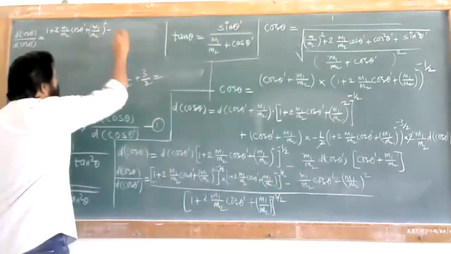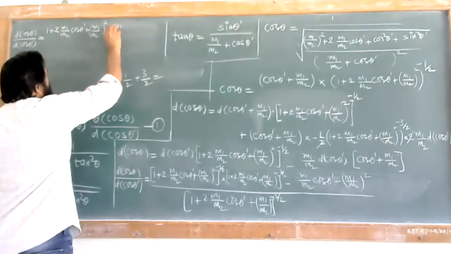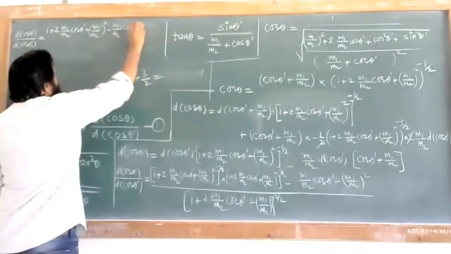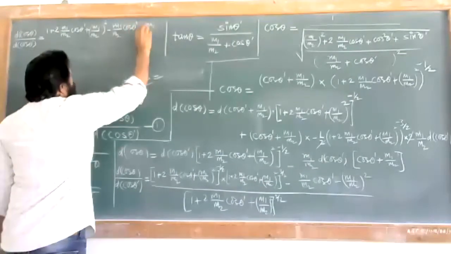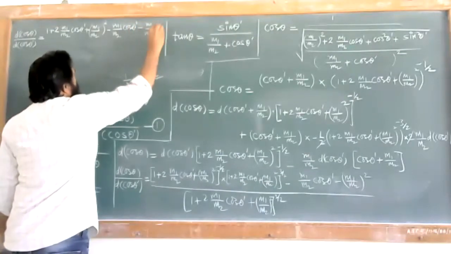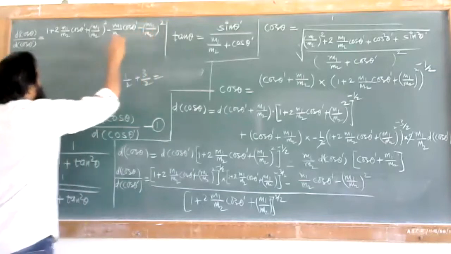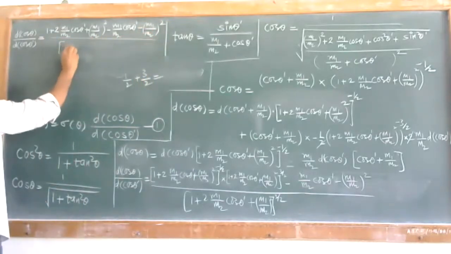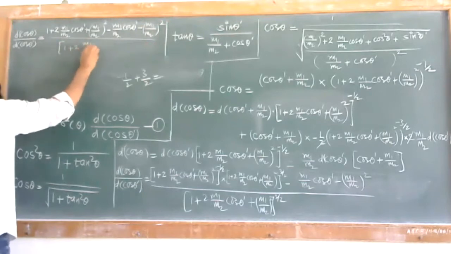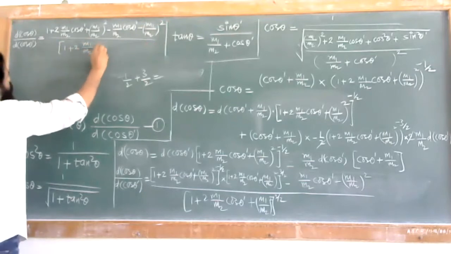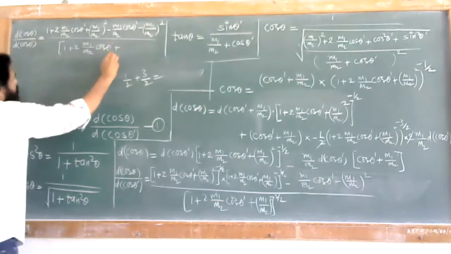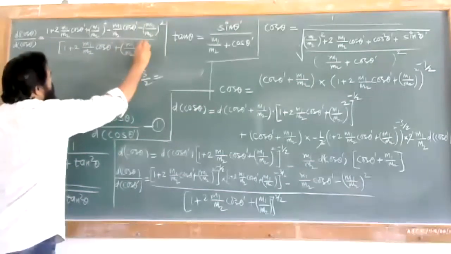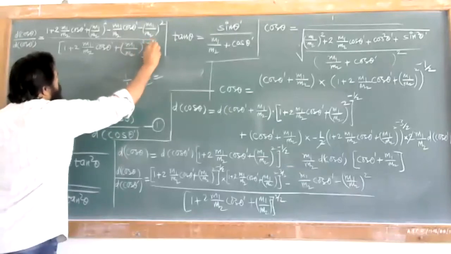Minus m1 upon m2 into cos of theta dash and minus this m1 upon m2 bracket square. That should be divided by the term 1 plus twice m1 upon m2 into cos of theta dash plus this m1 upon m2 bracket square raised to 3 by 2.